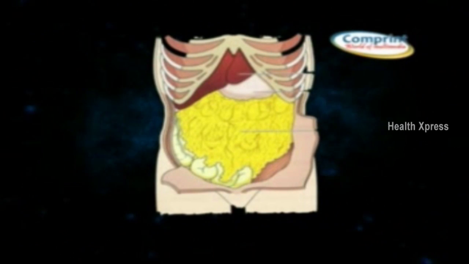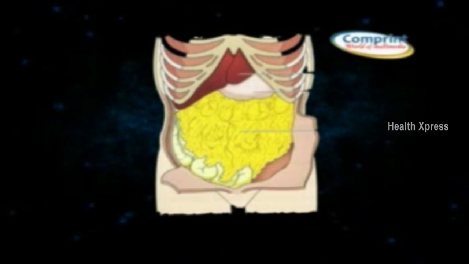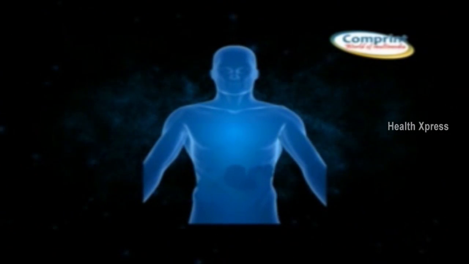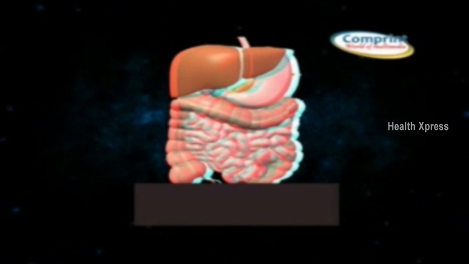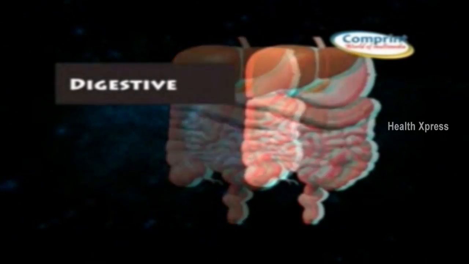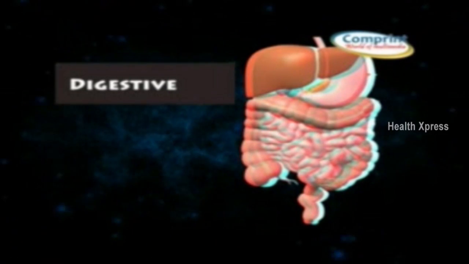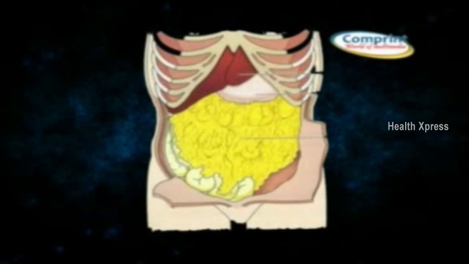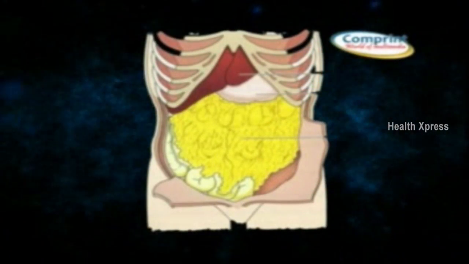Some substances such as water, salt, sugars and alcohol can be absorbed by the stomach wall. Most other substances will be digested in the small intestine. The intestine completes the digestion process along with the liver.